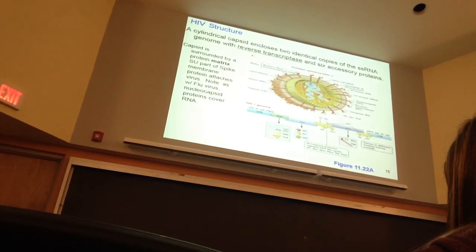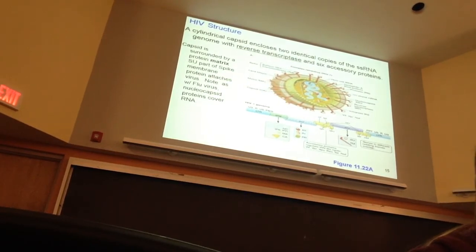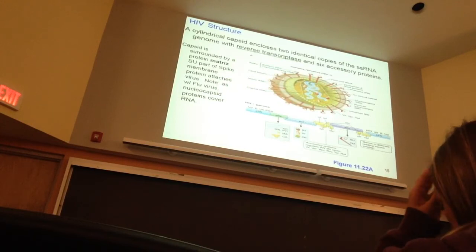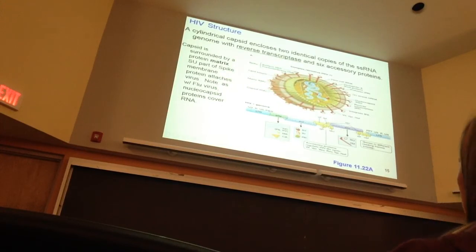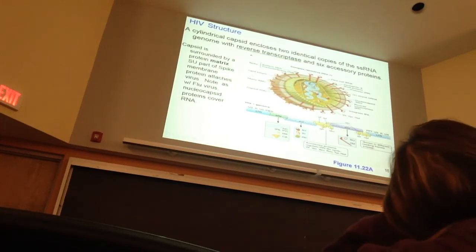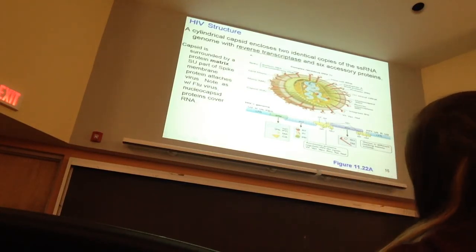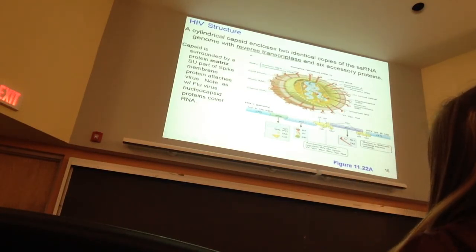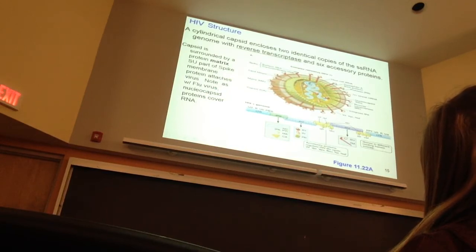Okay, so let's take a look at the structure of the HIV, which is similar to the structure of the influenza virus. Starting with the innermost, here is its single-stranded RNA, surrounded by the first layer of protein, a little protein coat called a nucleocapsid.